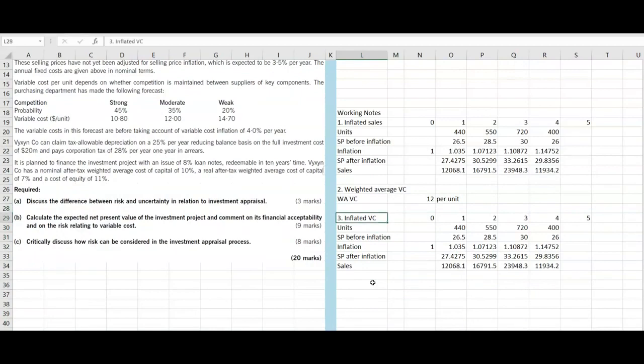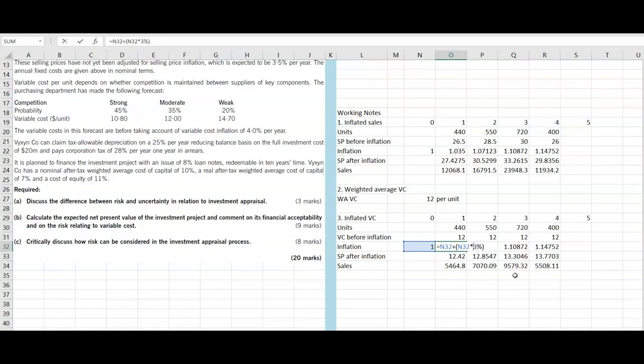So inflated variable cost per unit is the same. We don't want selling price before inflation, we want variable cost before inflation. So that is going to be the same number, which is 12. So we can have it across as 12, and inflation is going to be 4%. Here, variable cost inflation is 4%.